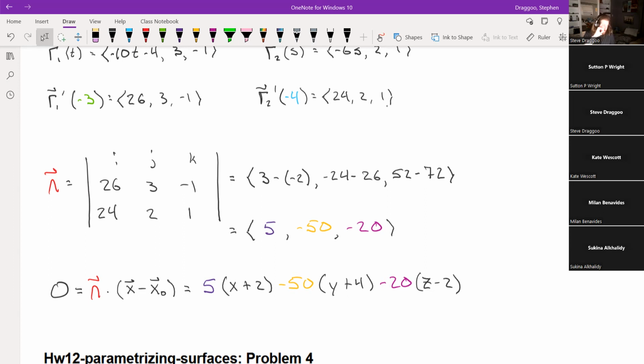The way I tend to think about it is I always go to the right of the variable that I need to be doing the cross on. So when I'm getting the j cross product, I need to start to the right of j. When I'm getting the i component, I start to the right of i. When I need the k component, I start to the right of k. And to the right of k is 26. To the right of j is negative 1.